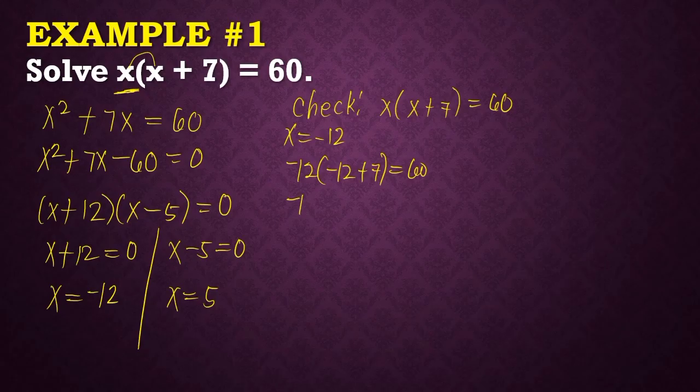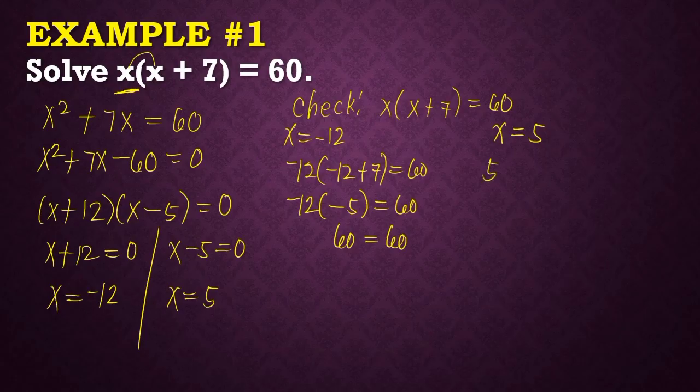So, negative 12 times, the sum of negative 12 and 7, that is negative 5, equals 60. Finally, negative 12 times negative 5, that is positive 60. So, 60 equals 60.